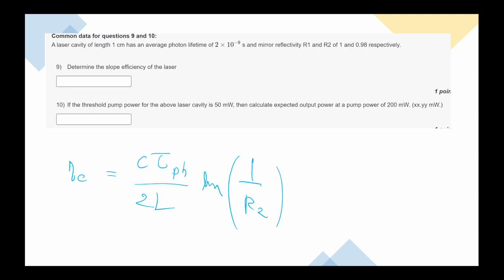Why only R2? R1 is 1 only. You can write R1 R2 also. There is no issue. But only one side, this mirror reflectivity is a little less, 0.98. The other side is 100%.